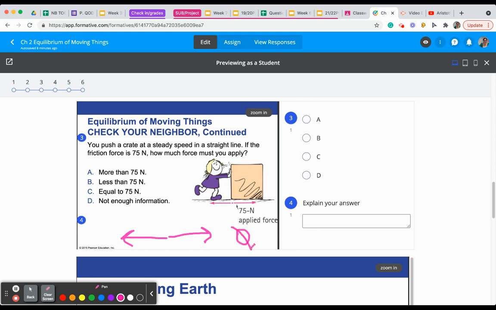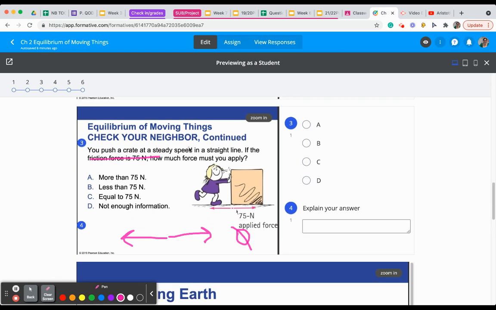The net force is zero. Anytime we want something to be in equilibrium, it needs to have a net force of zero. So if there's a friction force of 75, then the counter force would have to be such that we want the total to be zero.